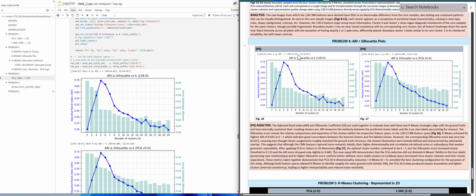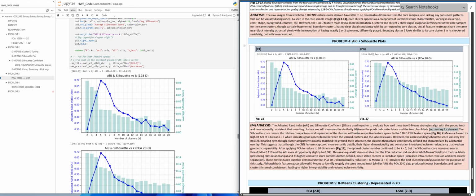So you get 0.693. I don't really know what a great ARI score is, but given that it accounts for chance and subtracts that out, I feel like 0.693 is pretty good. But the silhouette score is ridiculously low, 0.037. Over here, the silhouette score has increased threefold. It's still very low, but it's a threefold increase, and the ARI score didn't drop much.